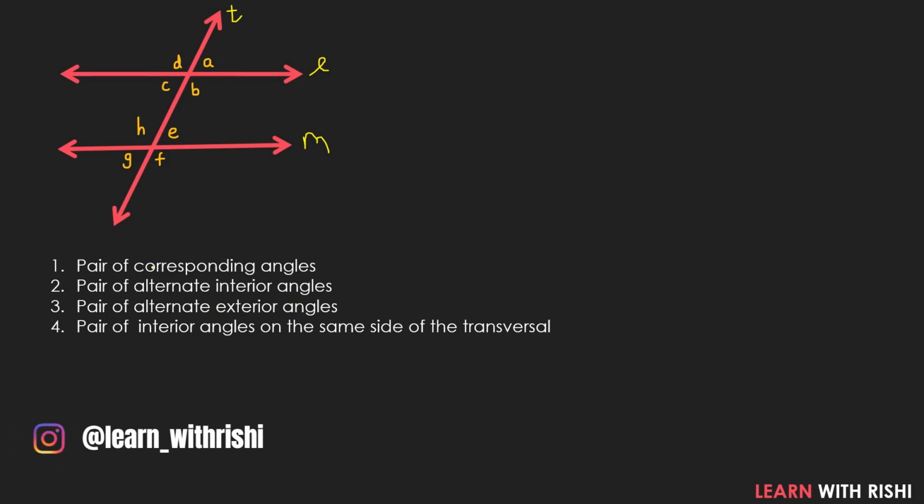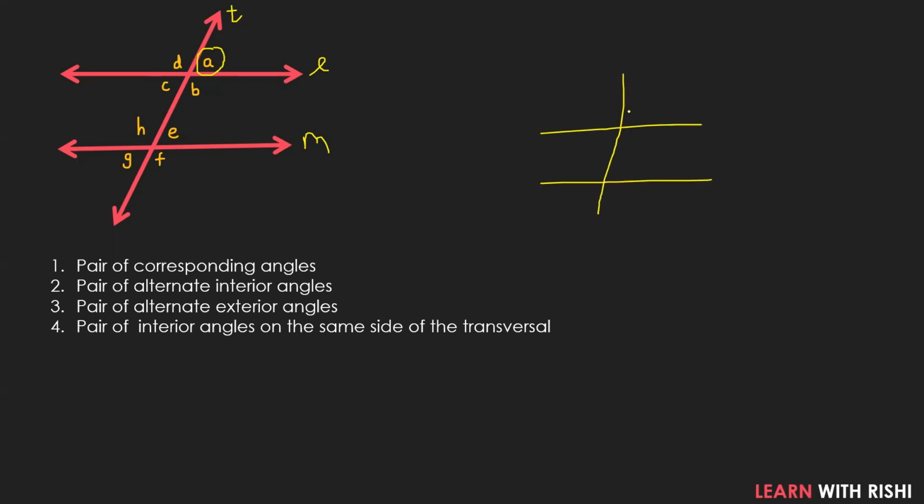Now what are corresponding angles? The corresponding angles are those angles which are formed at corresponding corners of the transversal. Corresponding corner means, if I'm considering this angle, in this case angle A, on line L, then on line M the corresponding corner becomes this angle.